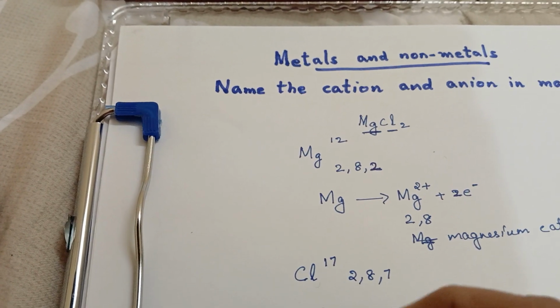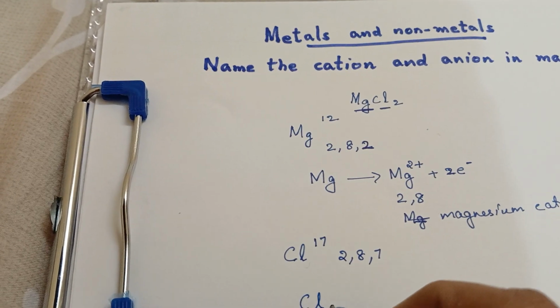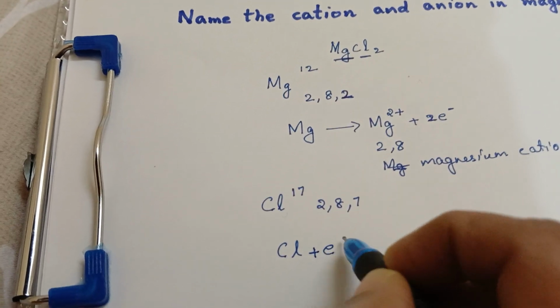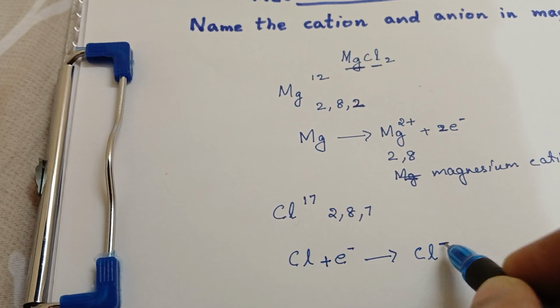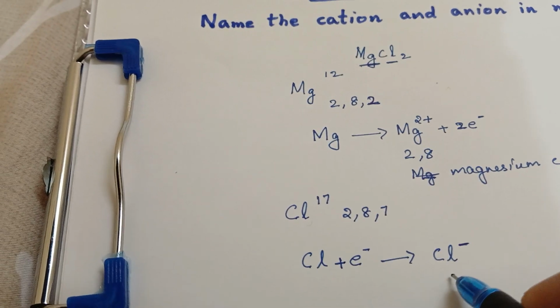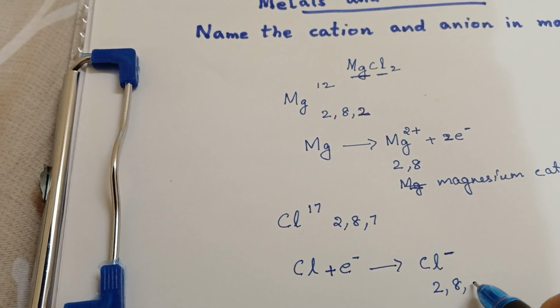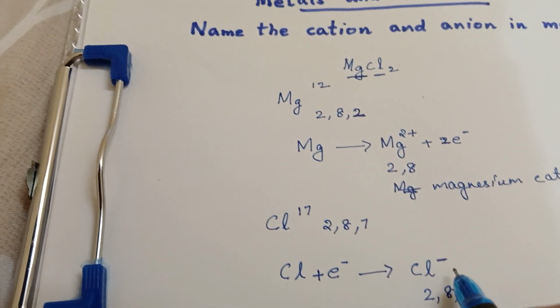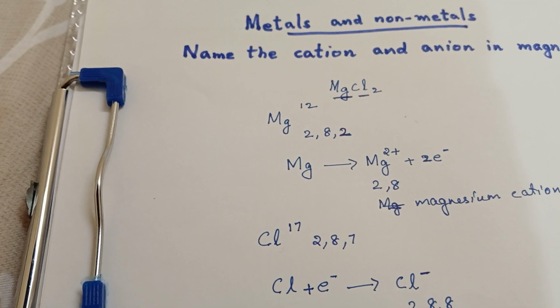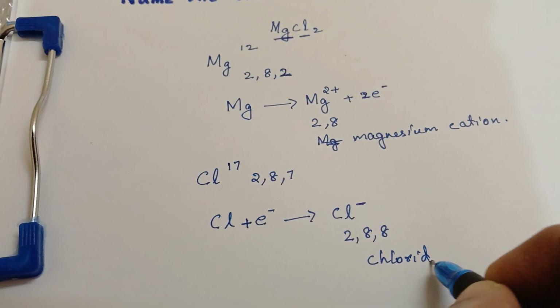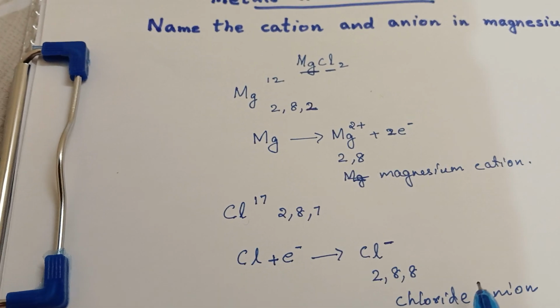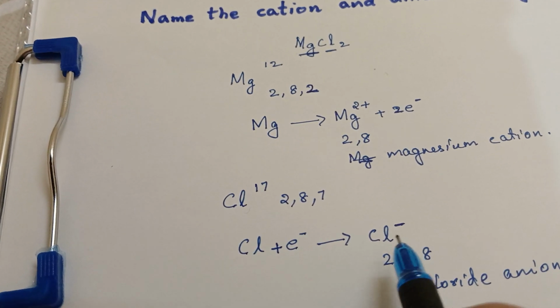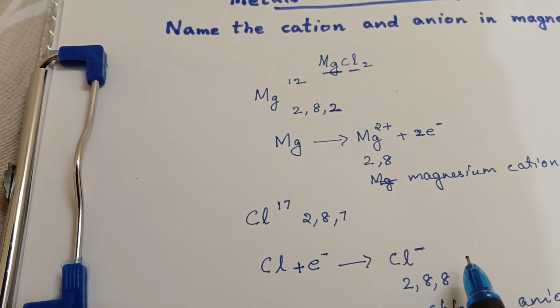So chlorine, on accepting an electron, will become Cl minus, and its electronic configuration will be 2, 8, 8. Now we call it the chloride anion. So the chloride anion is Cl minus.